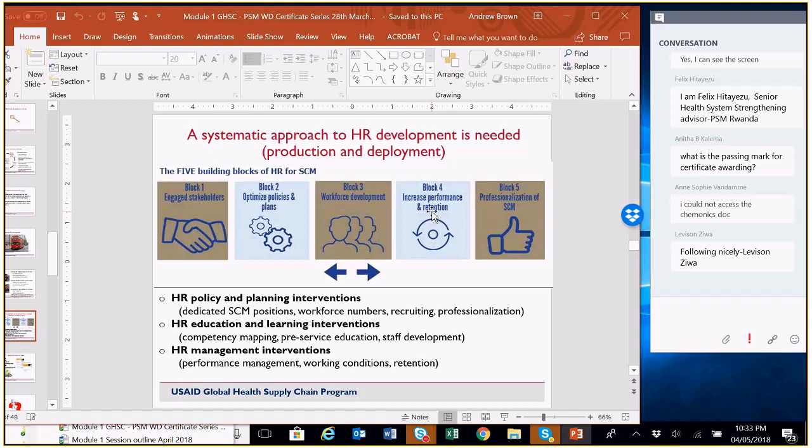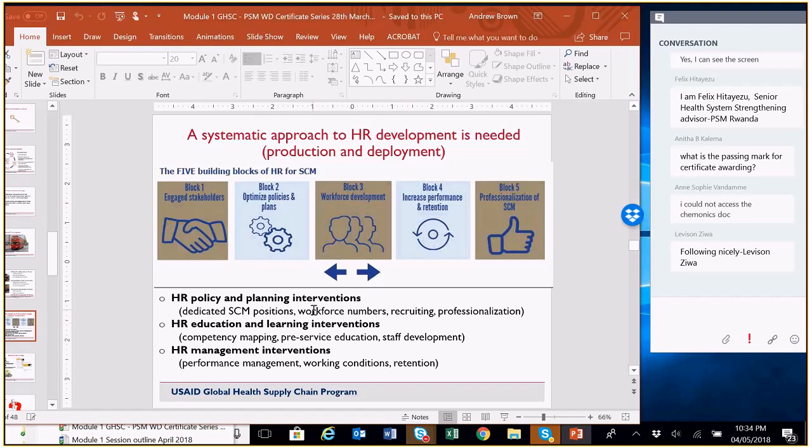So what are we doing to keep the good people? And then professionalization. When I talk about professionalization, I'm talking about making sure that we've got full-time people for supply chain positions, that those full-time people are chosen for the competencies needed for that particular job, that they are supported in that role, recognized in that role, and given an opportunity for career progression in that role. That's what I mean about professionalization.